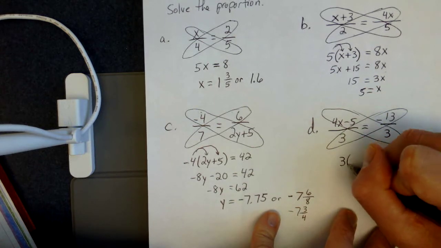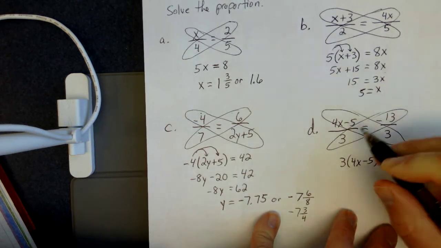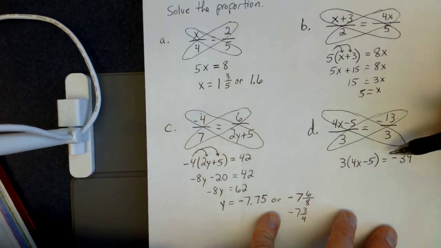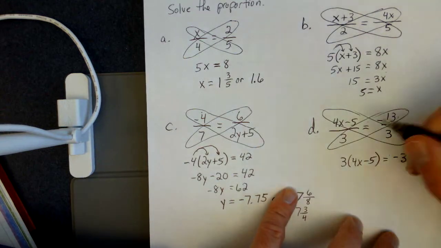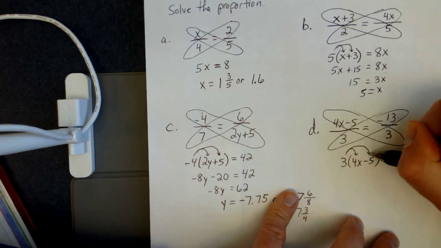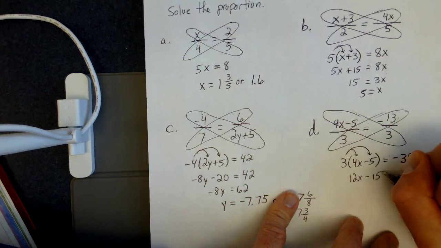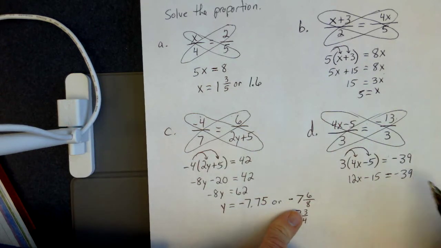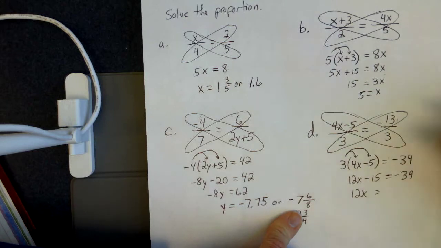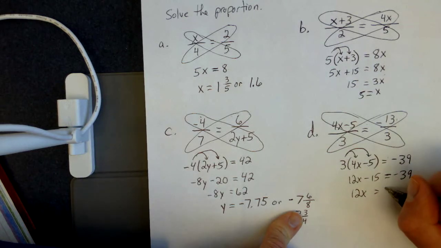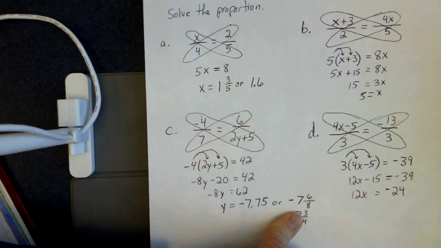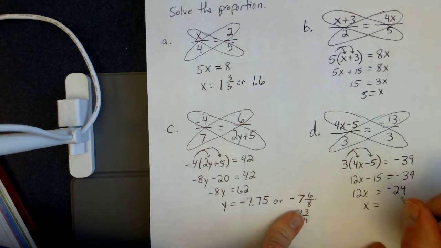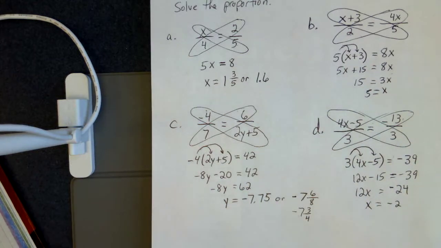Multiplying here, you got 3 times the quantity 4x minus 5. 3 times negative 13 is negative 39. Equal sign goes in between them. We'll distribute the 3 this time, gives us 12x minus 15. And if we add 15 to this side, negative 39 plus 15 is negative 24. Then we finish it off by dividing by 12. Negative 24 divided by 12 is negative 2.